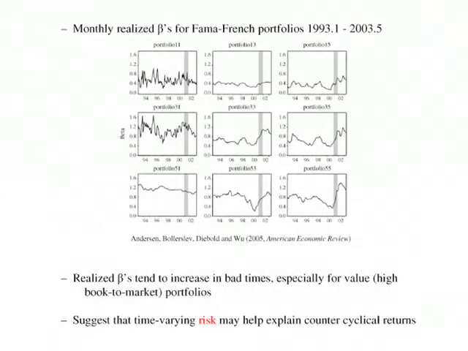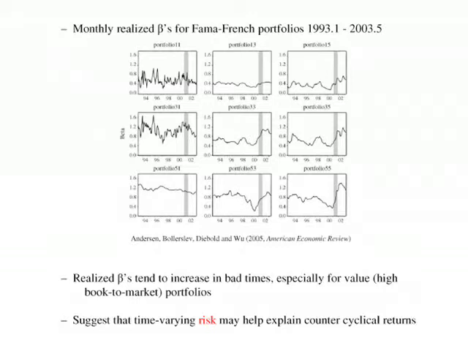Okay? We have a paper a few years ago where we did some of that, where we looked at realized betas of some of the Fama-French size and book-to-market sorted portfolios, size along this axis, book-to-market along this direction, and these are just a plot of the realized betas. We didn't put confidence intervals on them here, but it's clear that there are discernible temporal variations in the betas over this time period.